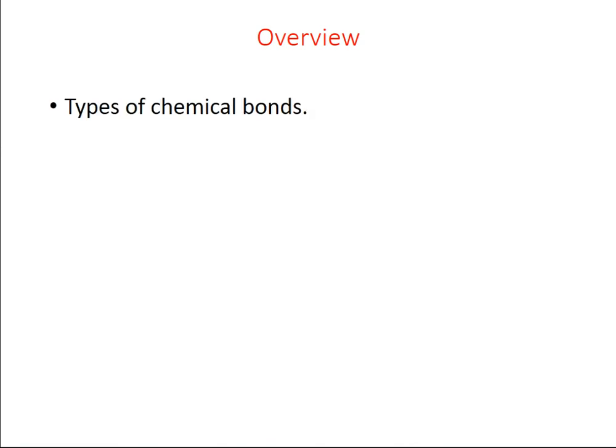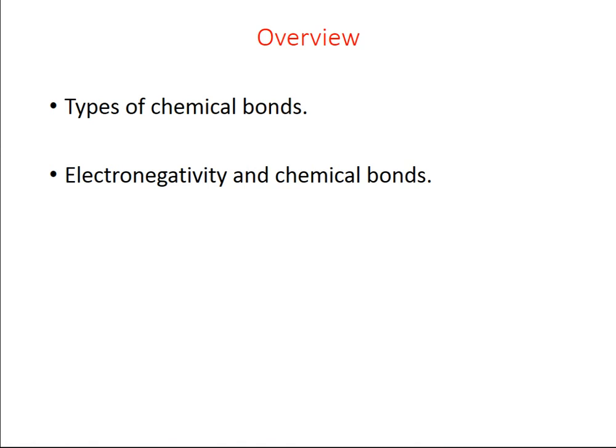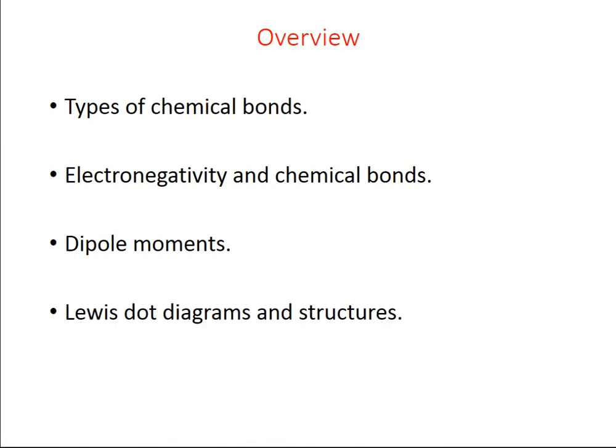First of all, we will look at types of chemical bonds. Then we will talk about electronegativity and chemical bonds. Then we will go on to talk about the dipole moments. Then lastly, we will talk about the Lewis dot diagrams and structures.